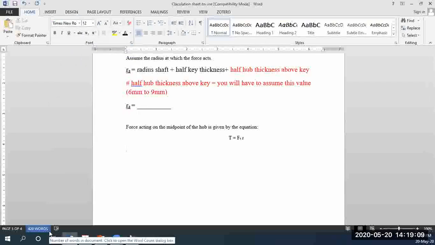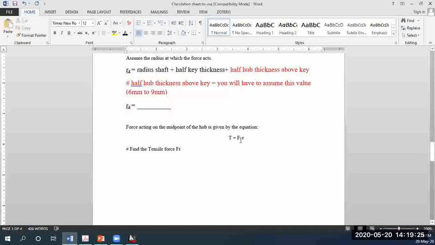I'll make a note here that you need to find the tensile force, which is Fe. That's a task. So find the tensile force Fe.